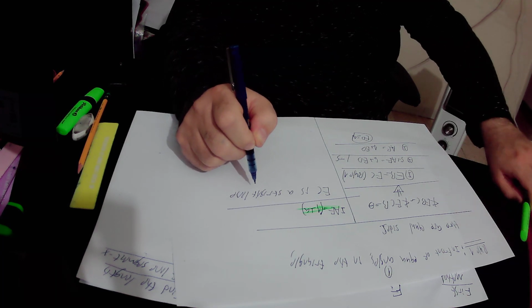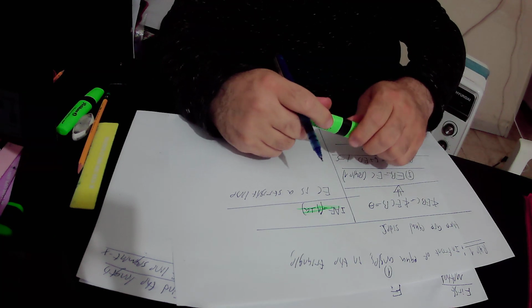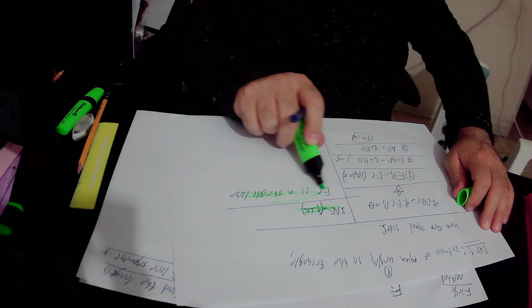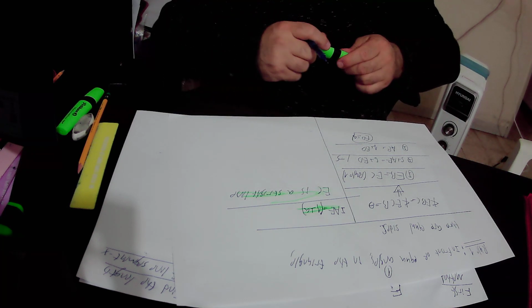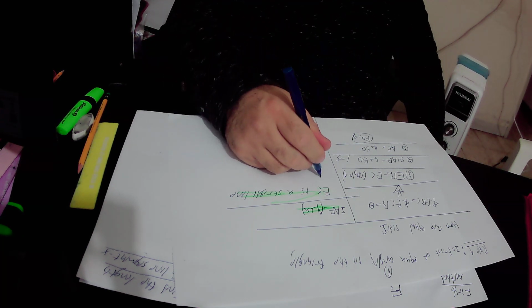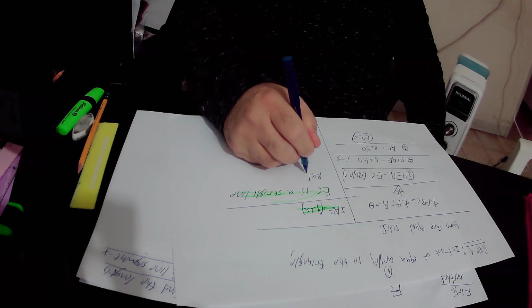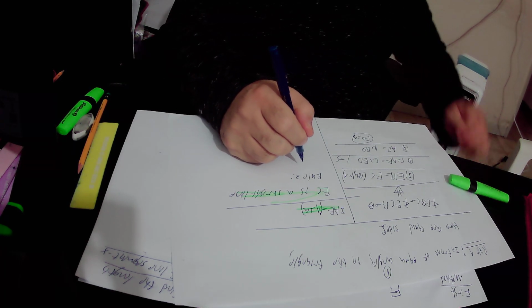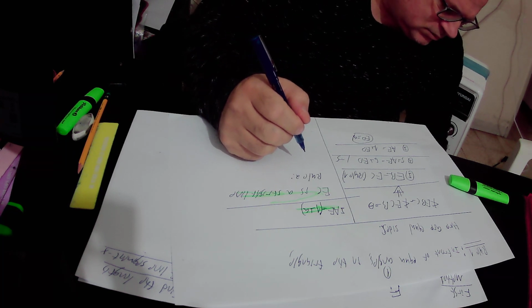And we have rule number 2. According to rule number 2, the sum of the angles on one side of a straight line is equal to 180 degrees. So I write it down.